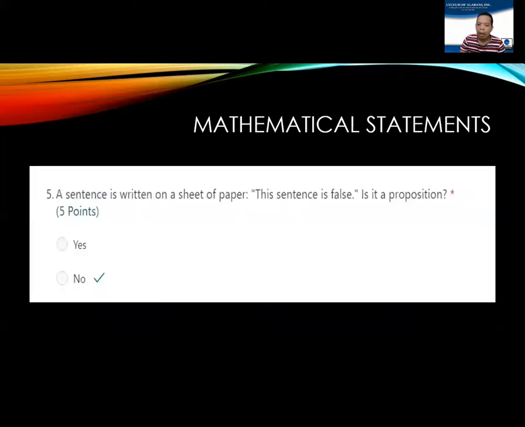The last one, a sentence is written on a sheet of paper. This sentence is false. Is it a proposition? This sentence is false. This is a declarative statement, which is an example of paradox.